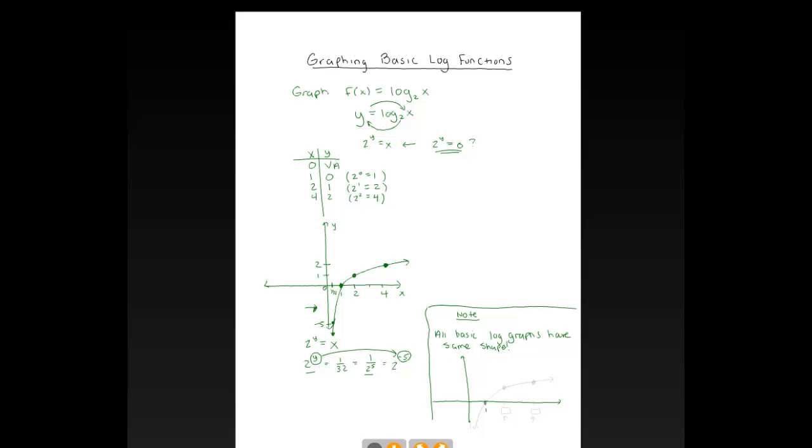First of all, the point (1, 0) is always going to be on all of them. It's important for you to go back to the table and think about why. There's nothing special about the 2 that made us have the point (1, 0) in the graph. What will change is whatever the other points are, but they're all going to have this shape.